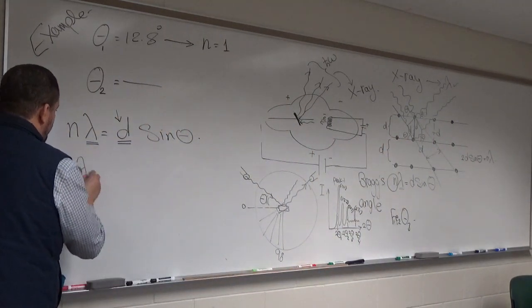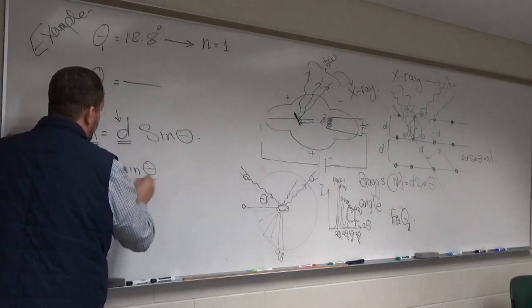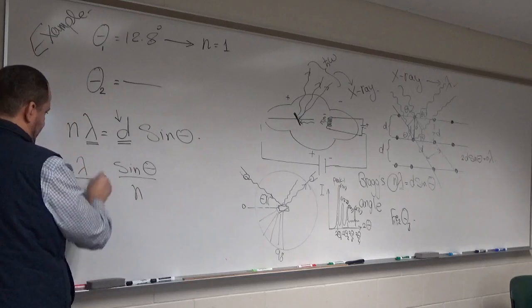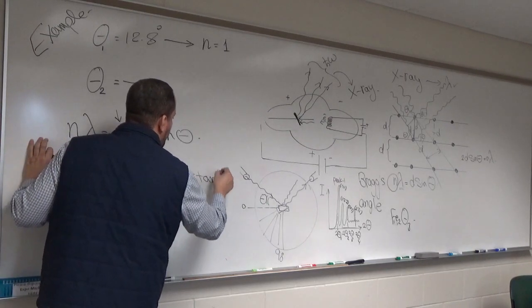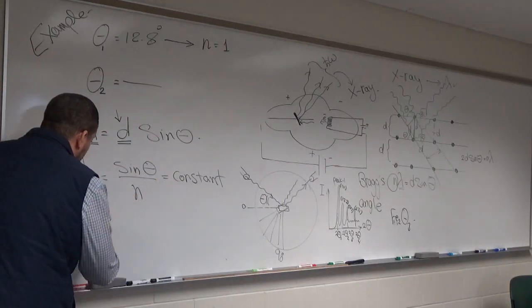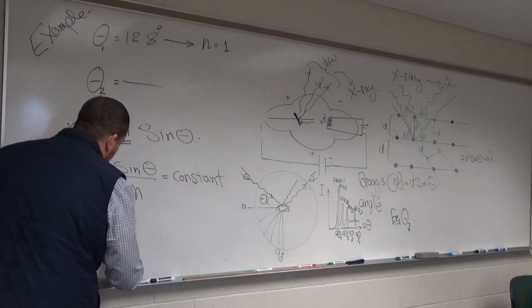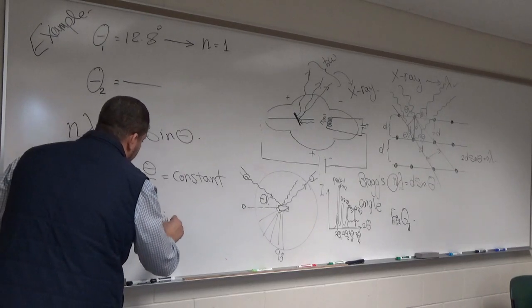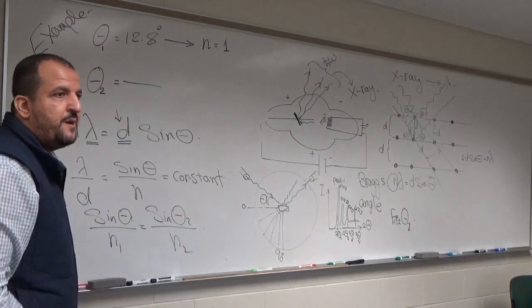So we can have, guys, lambda over d is equal to sine theta over n, and that's equal to a constant here. If that's equal to a constant, we can do the following: sine theta 1 over n1 is equal to sine theta 2 over n2.